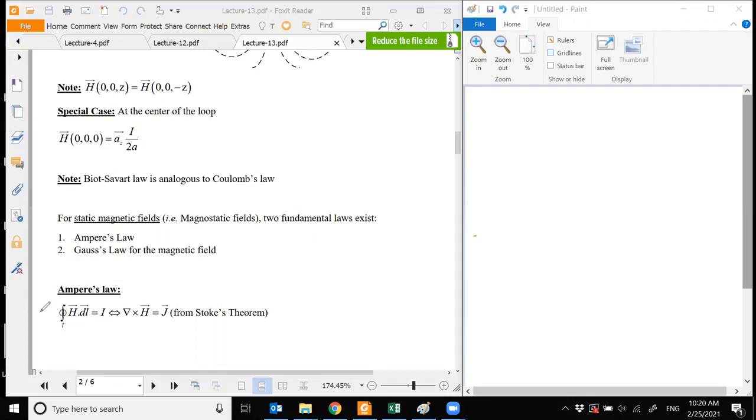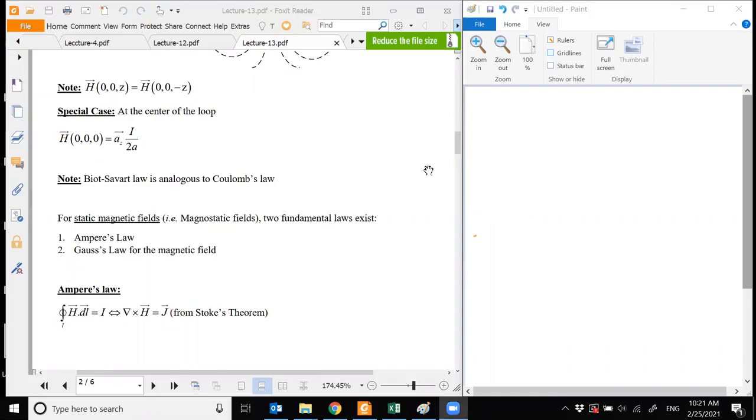So this is in integral form. In differential form, you will get this: just apply Stokes' theorem. So closed line integral H dot dl is equal to I, or del cross H is equal to J.